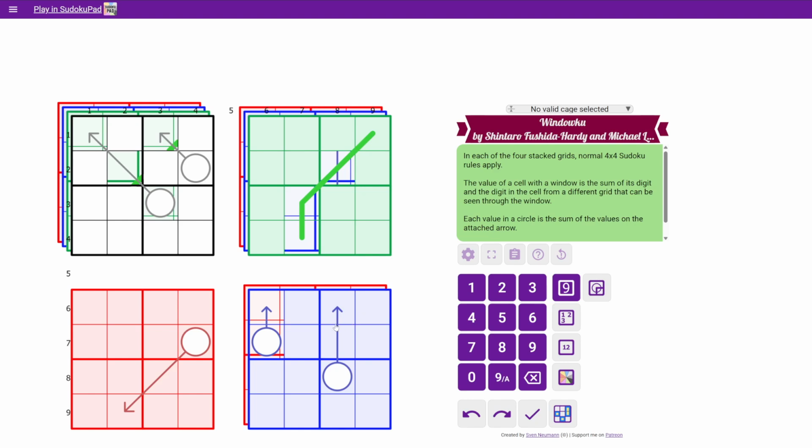Alright. I think I get it, maybe. Is this a window? How do I know if they're a window?